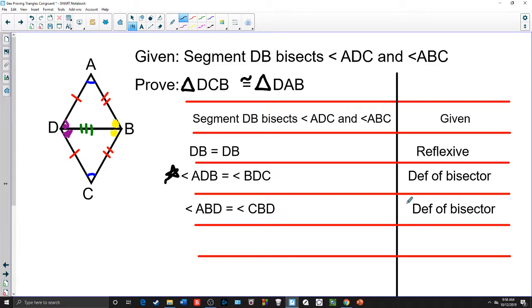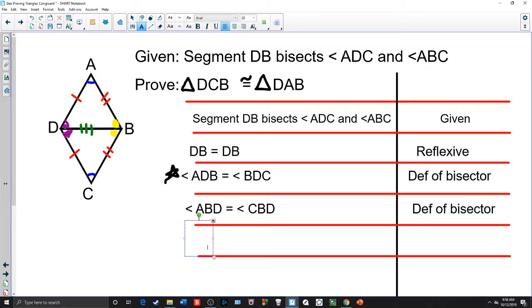So instead of using definition of bisector, we could say third angle theorem. The third angle theorem basically saves us an angle proof. If we can get at least two angles, we get a free angle in the third one, which says that if two pairs of angles are congruent between triangles, the third pair has to be congruent as well.